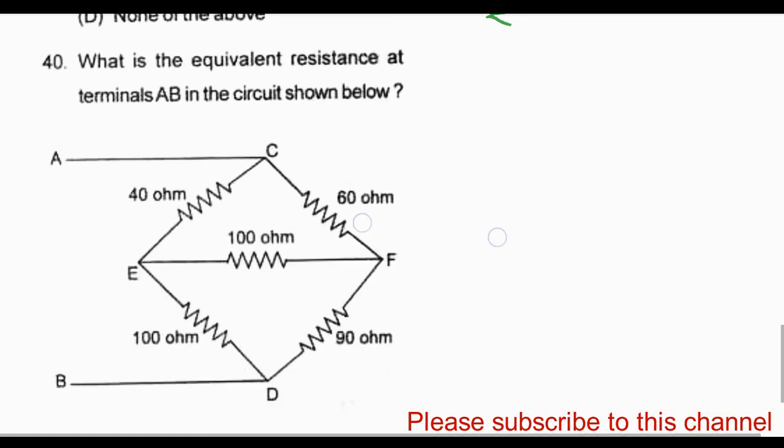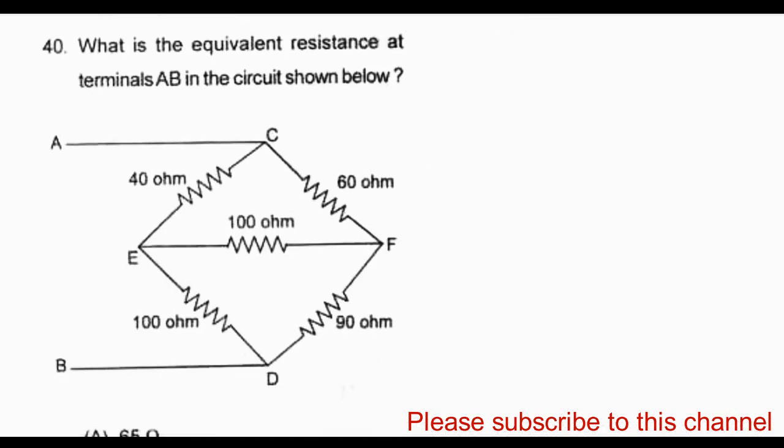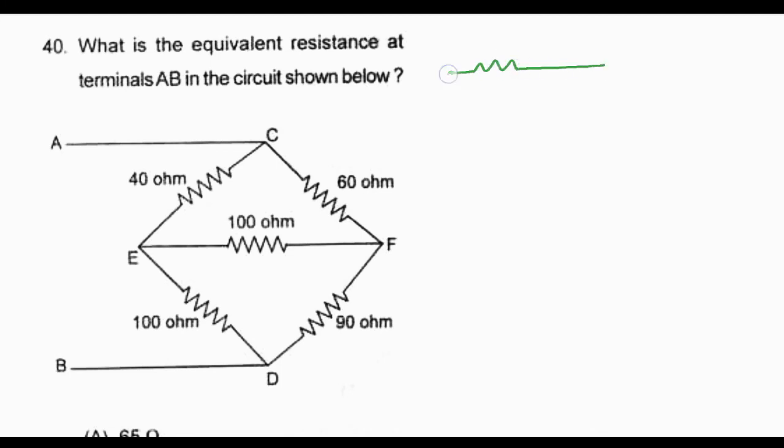Next question is question number 40. What is the equivalent resistance at terminal AB in the circuit shown below? So here this is the circuit and we have to find the equivalent resistance. I am representing it like this. Suppose this one, and here is another resistance.